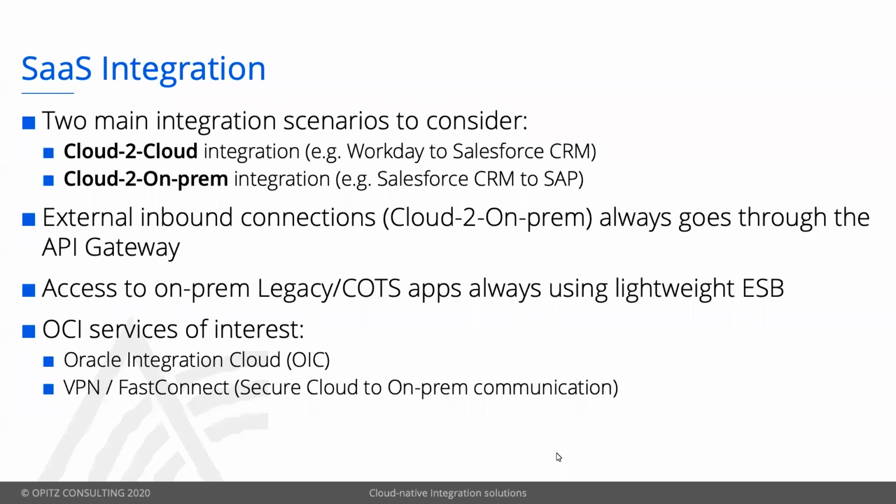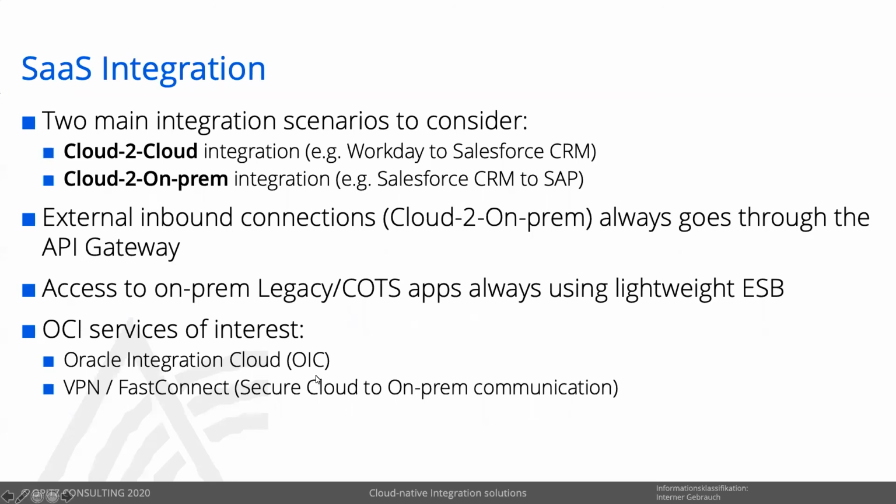And OCI services of interest in this area is Oracle Integration Cloud service, and then we also need VPN and FastConnect for connecting on-prem and the cloud.